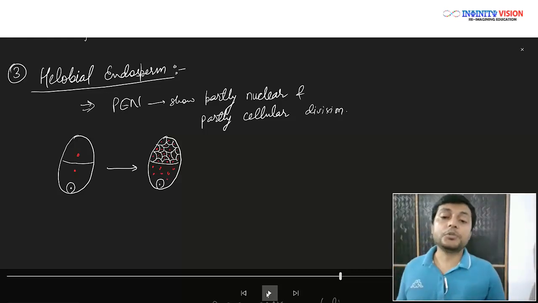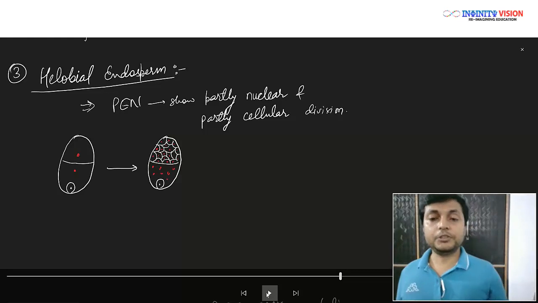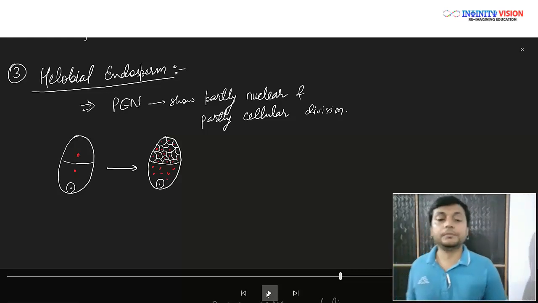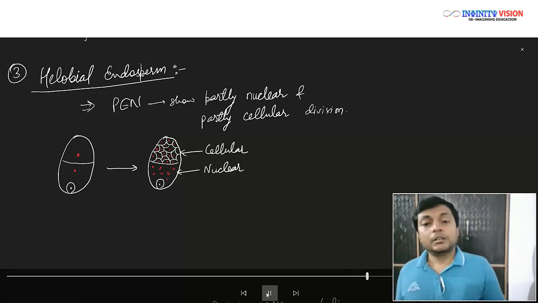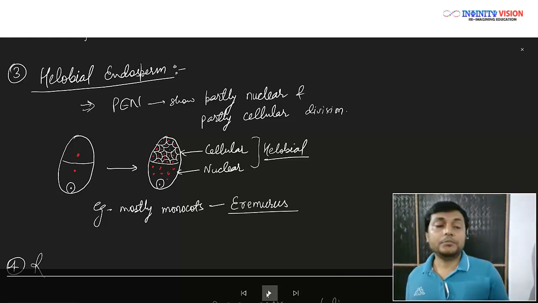Mostly the liquid endosperm formation precedes the cellular endosperm formation in helobial. It is mainly found in monocots, for example Eremurus. Remember this example of Eremurus.